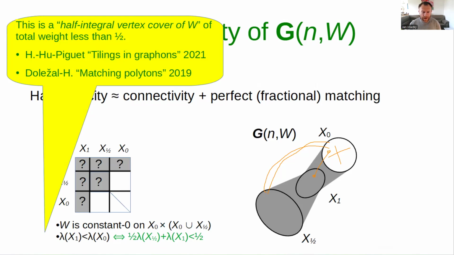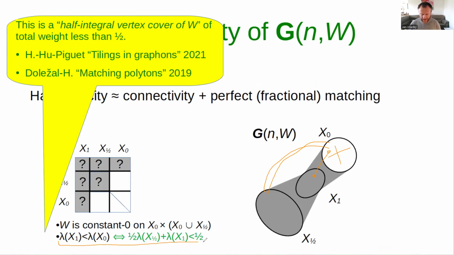So the specific partition we just saw translates precisely to the graphon lacking a half integral vertex cover of total weight less than 1/2. By the way, there is a quick calculation which I have shown here.